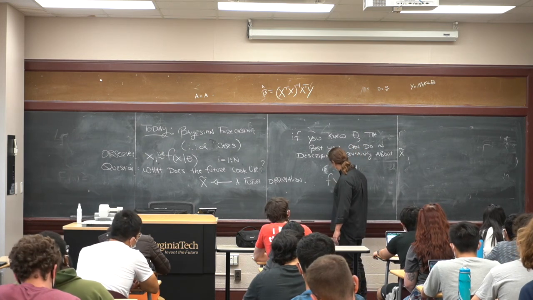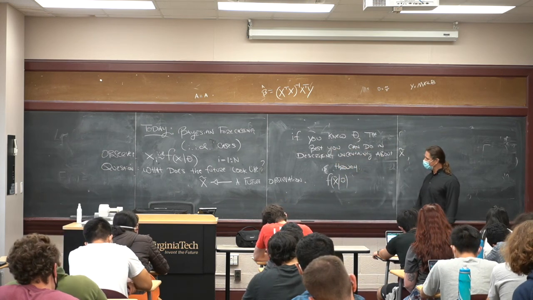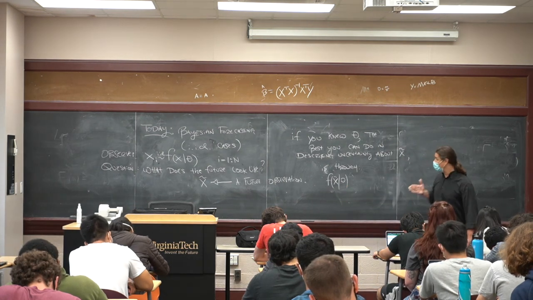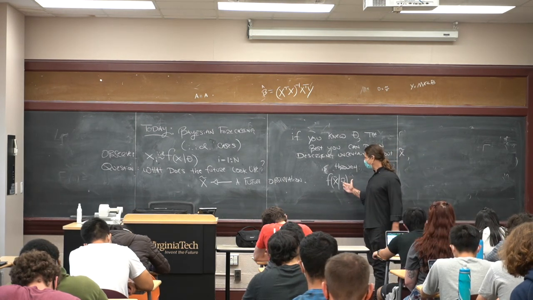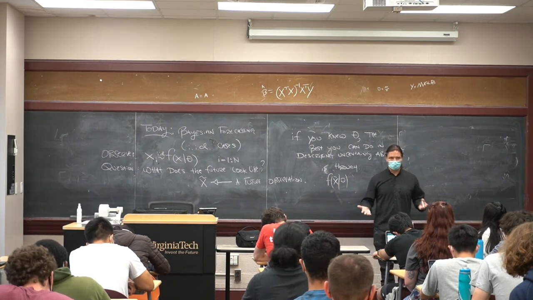I'll say f of x tilde given theta. And so if I knew theta, I would just describe my uncertainty through the sampling distribution. I'd plug theta in, boom. And then this function right here would model the uncertainty about my future draw.